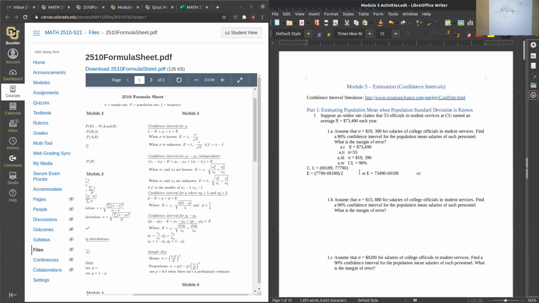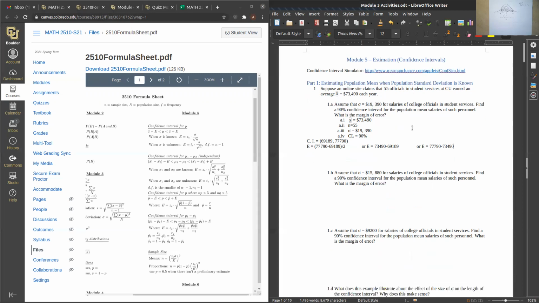Or we can take the high value minus the middle value. And I think I missed a 7 back there. So all three of those calculations will give us the error in this.